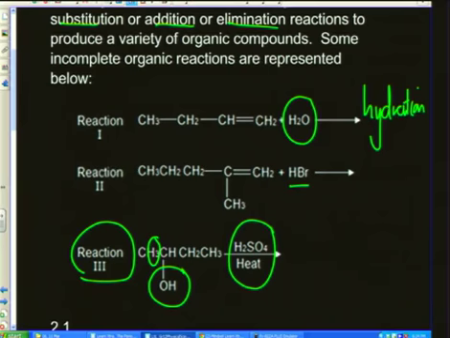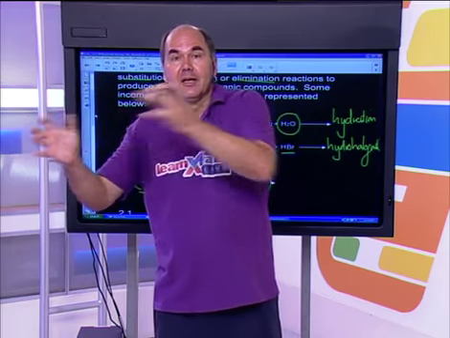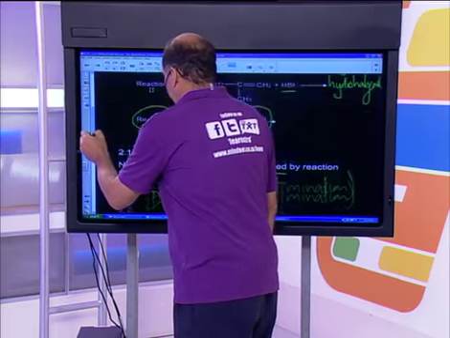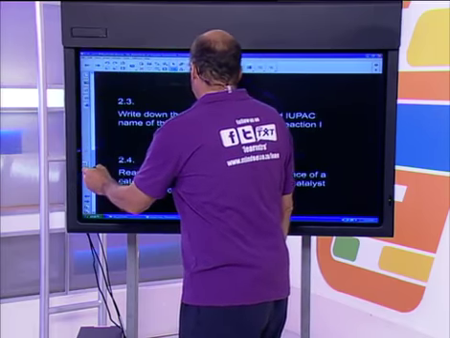And when we're adding HBr, that's hydrohalogenation. So when you add water, hydration, and hydrohalogenation. These are both additions. We must give the specific name. So I've written that down.